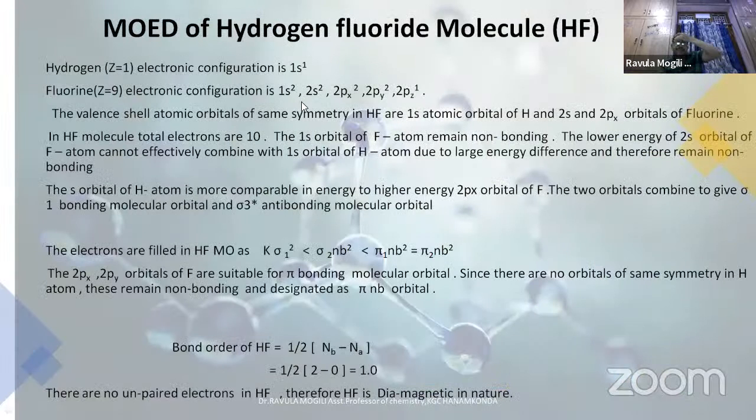Here sigma bonding has 2 electrons, and these are non-bonding electrons.